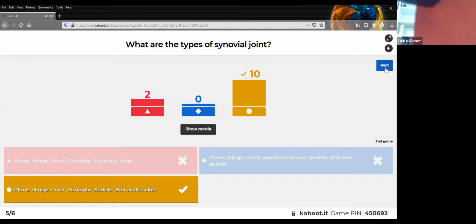Very good. Usually there's one of those options. It's like, oh no, that has nothing to do with movement, or the term associated with structural or functional classification. So very good.